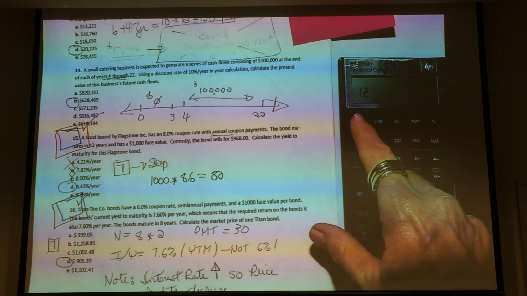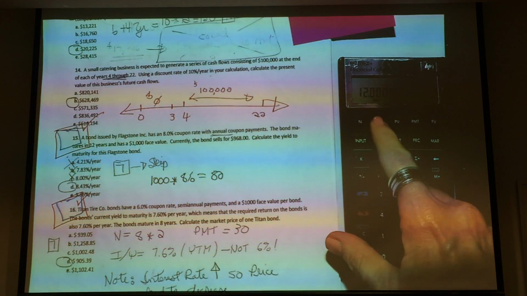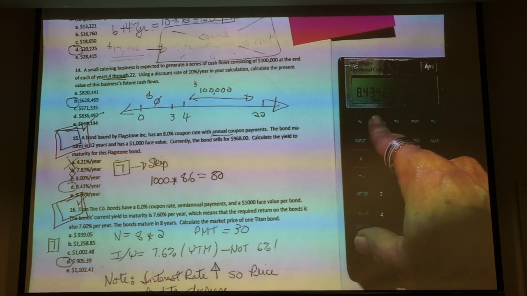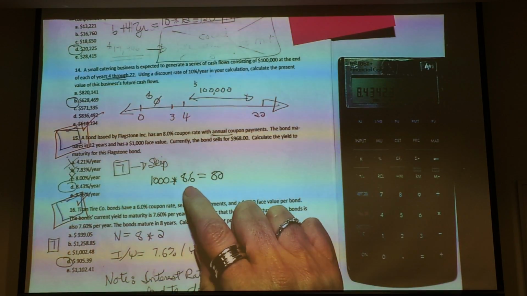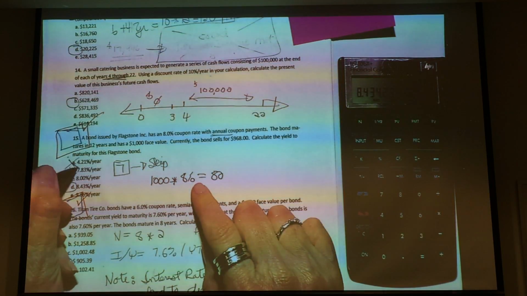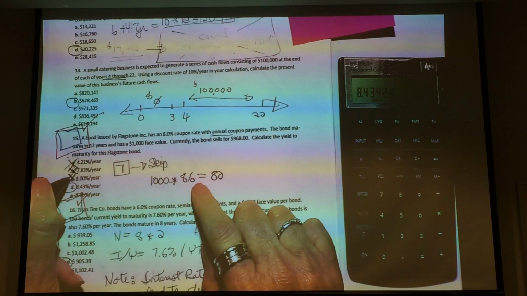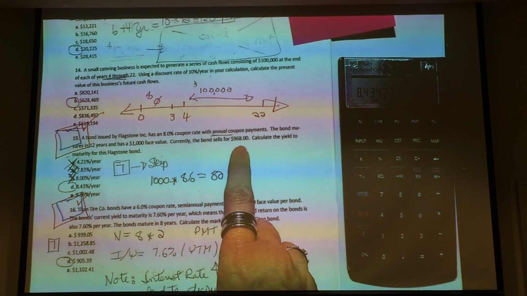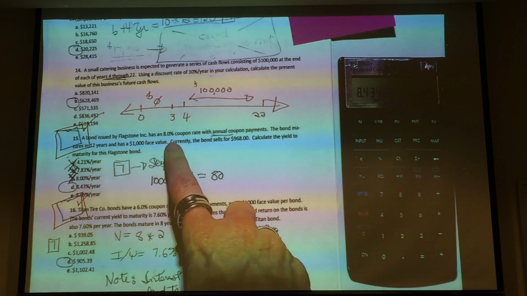That's my N. God willing, it comes out right, 8.43%. So, what do we know? We know that it's not gonna be this, it's not gonna be this, and it's not gonna be this. Why? Because my price of the bond went down. So that means what? My interest rate went up.